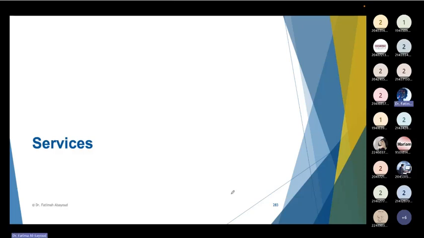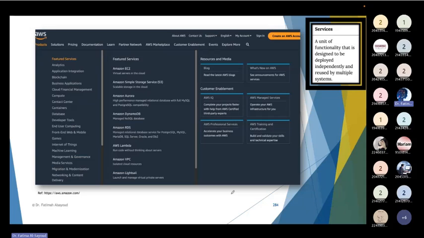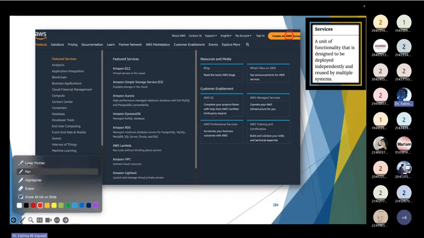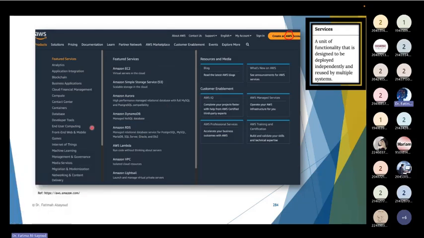Now we will move to the second part, which is the services. I already gave you in my sections an example of services, Amazon Web Services. So this is one of the famous websites providing services. But before going with this one, let's see a definition and reflect it with my example.